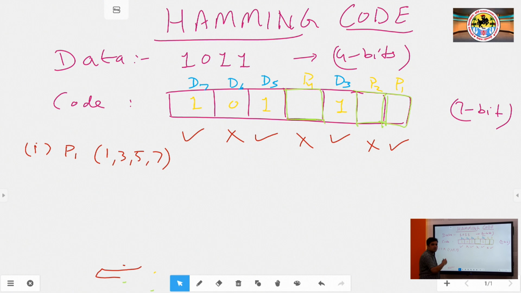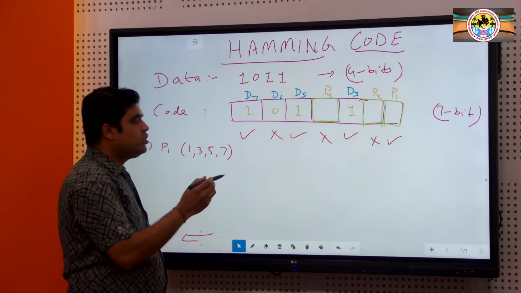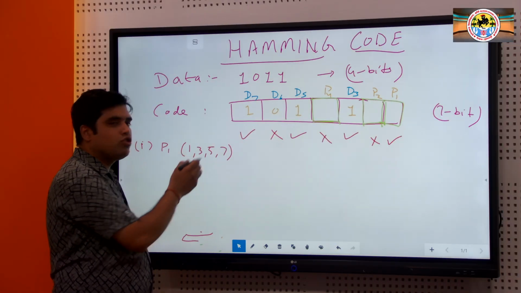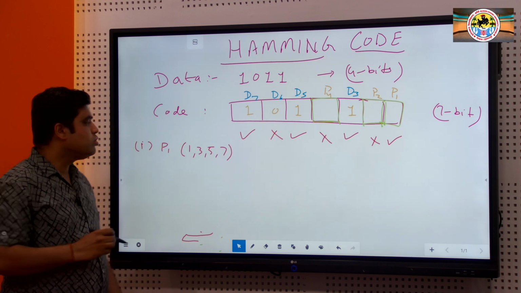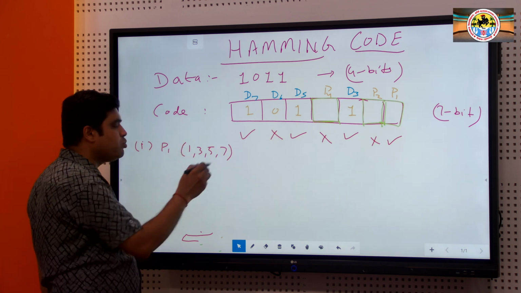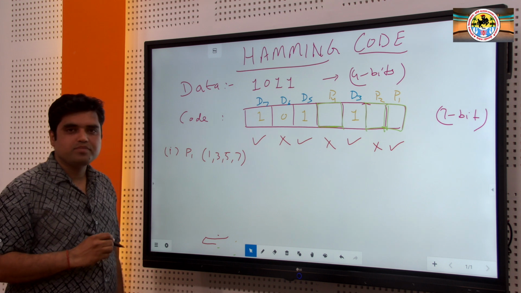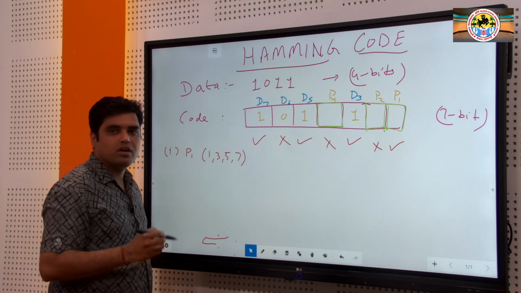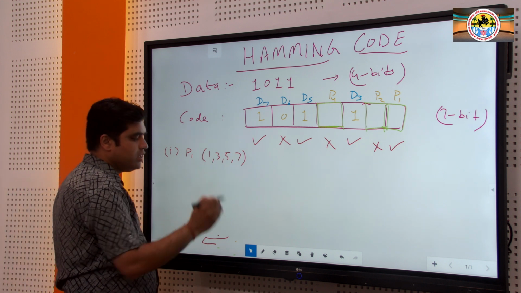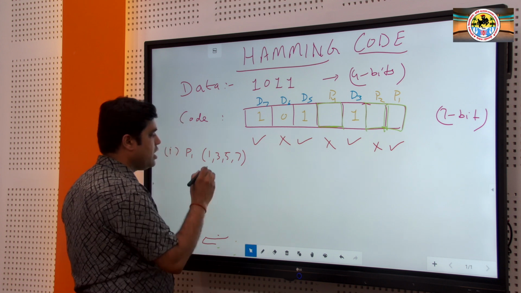Out of this group, we have to find the bit at position 1 using the bits of 3 5 7. Here we have to make sure the parity in this group remains even. So, the number of ones at these positions must be even. This is obtained by XORing the other 2 bits.